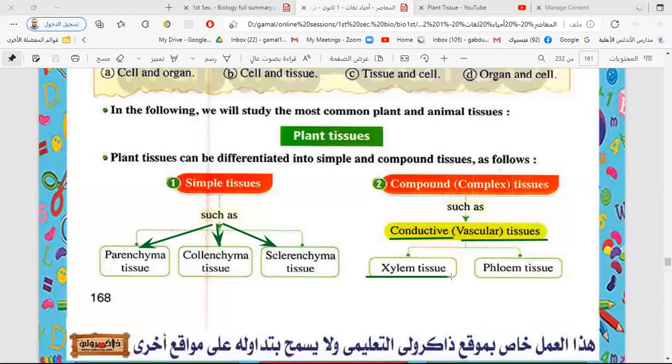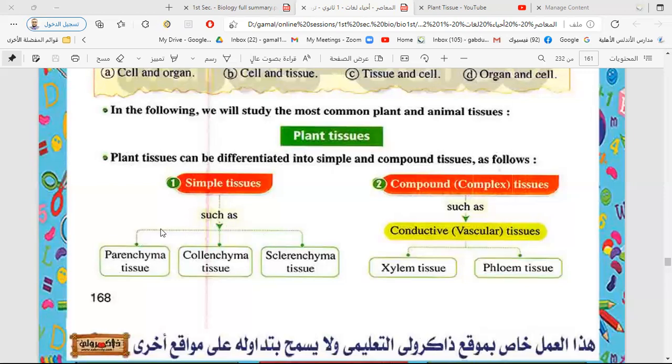The main food must be transported to all parts of the plant. So we need here another conductive tissue, another vascular tissue, which is called the phloem tissue. So we'll discuss the structure and the function of each one of them, inshallah.